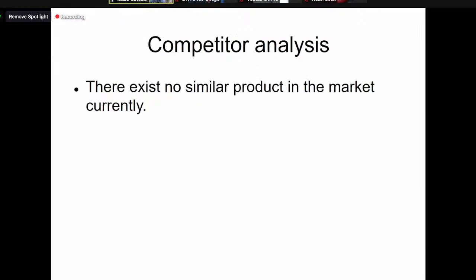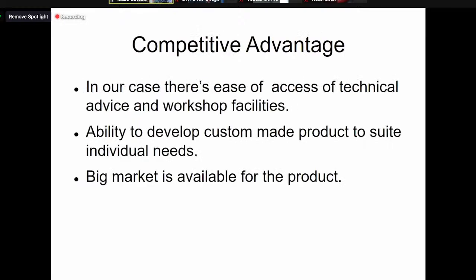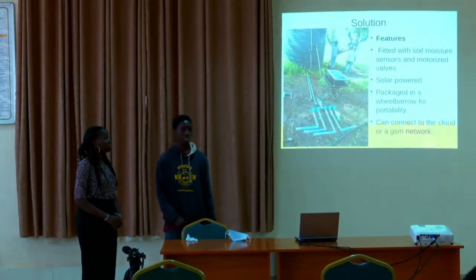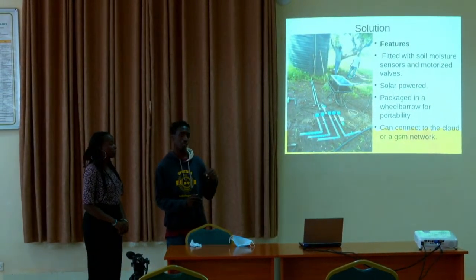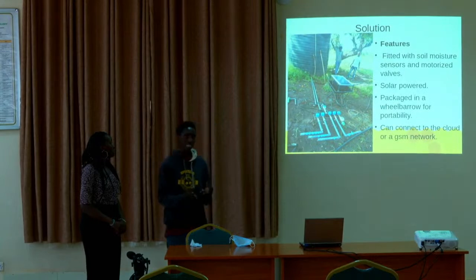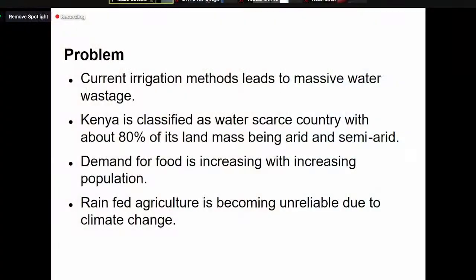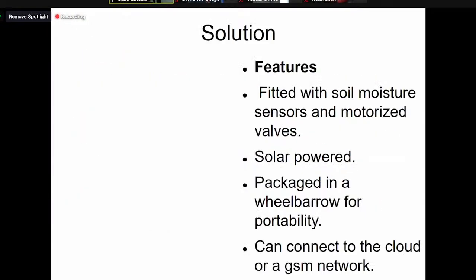So this is a sample of the system where we've connected a soil moisture sensor, which collects the data from the soil and sends the data to a microcontroller, which gauges the amount of moisture. When the moisture level is too low, the microcontroller switches on the pumps.